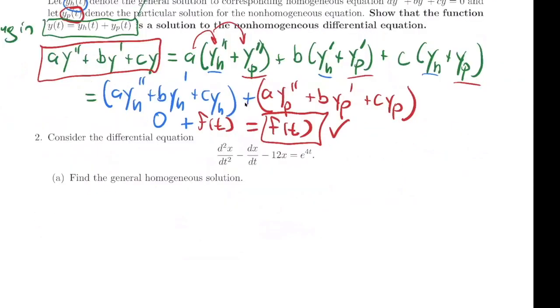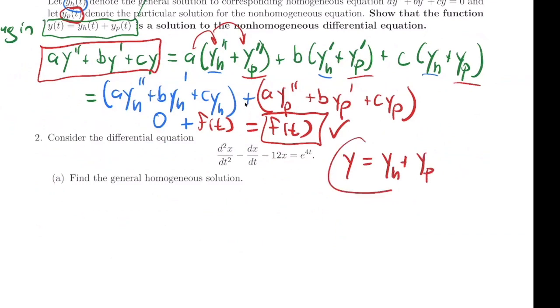Okay, so any questions? The big takeaway here is that the general solution to these non-homogeneous differential equations, we would take the sum of the homogeneous and the particular solution.